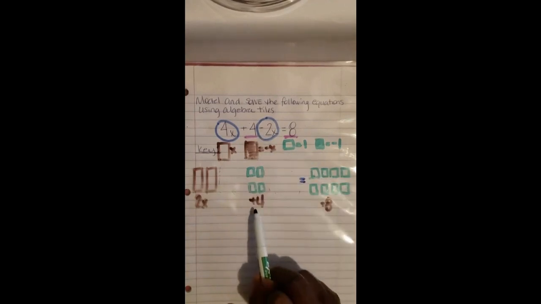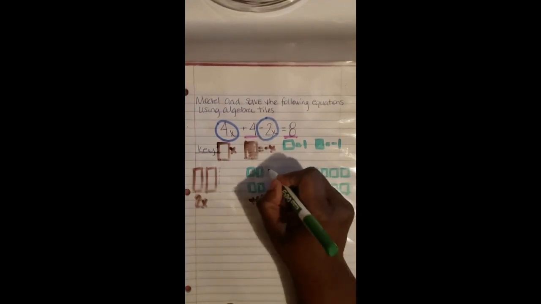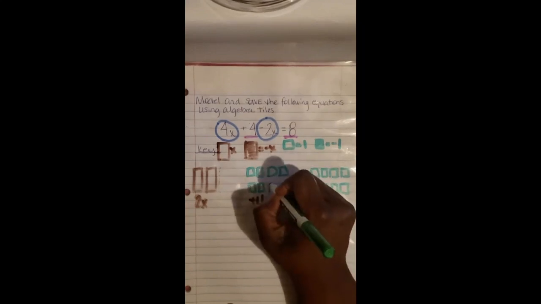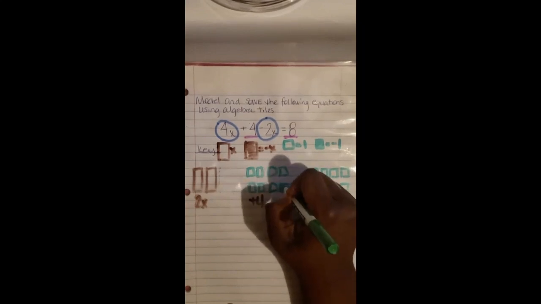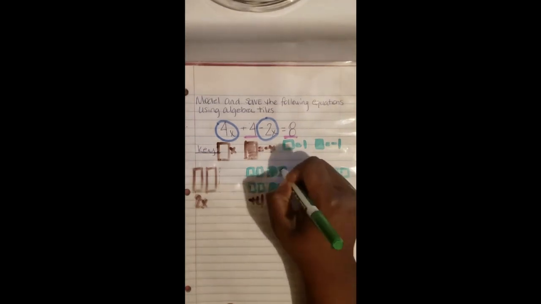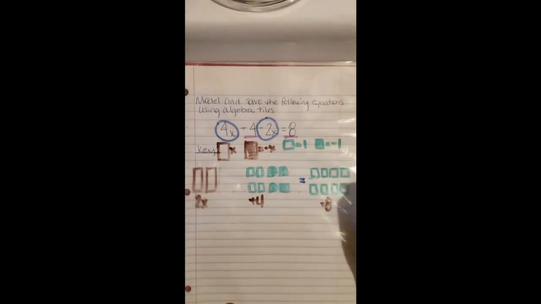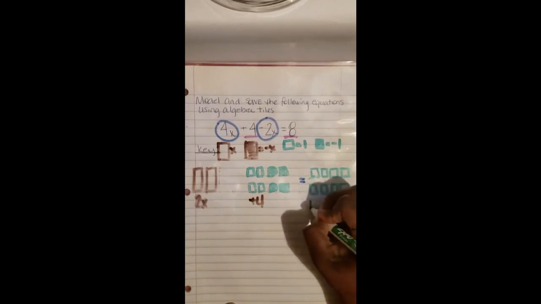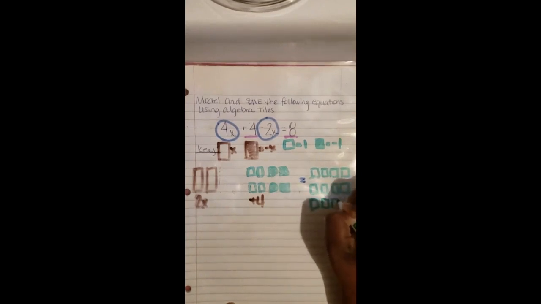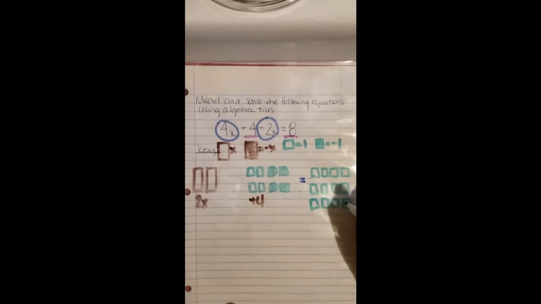So for this one, we have a positive 4, so we need to actually draw 4 negative boxes on the left, and 4 negative boxes on the right.